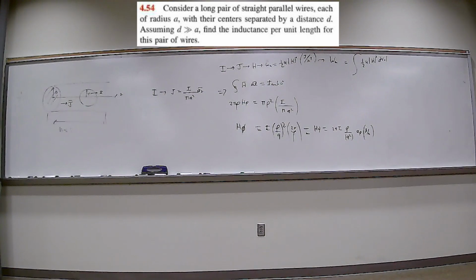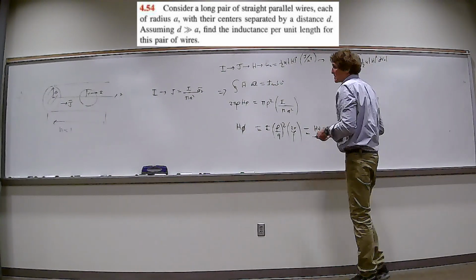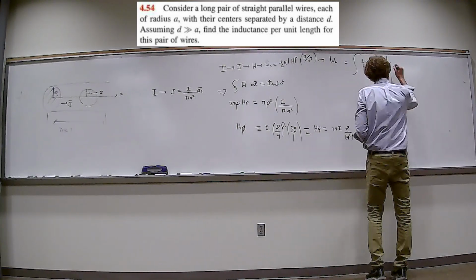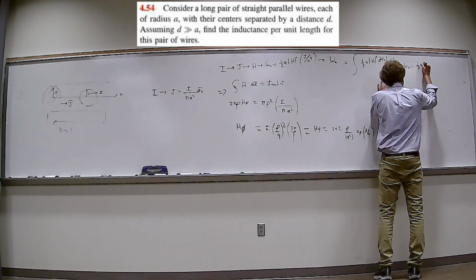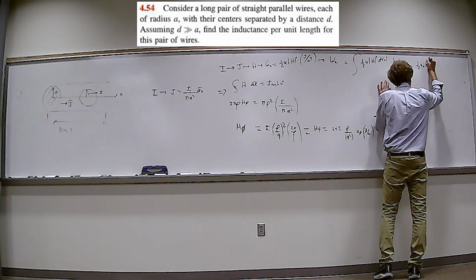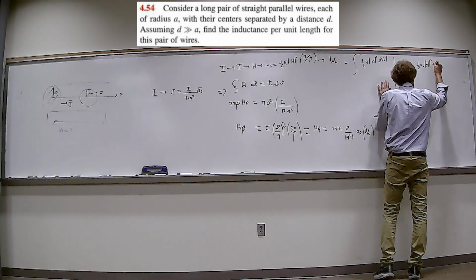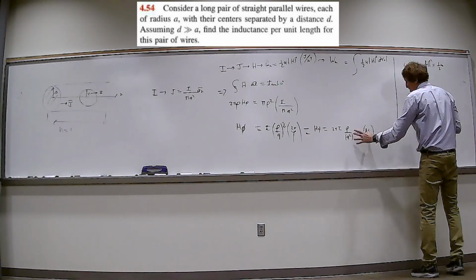Now, next I need the magnetic energy density. I need to evaluate this energy. The magnetic energy density is going to be 1/2 mu 0 times the magnitude of H squared. So that's going to be 1/2 mu 0 times, if you square this, what do you get?